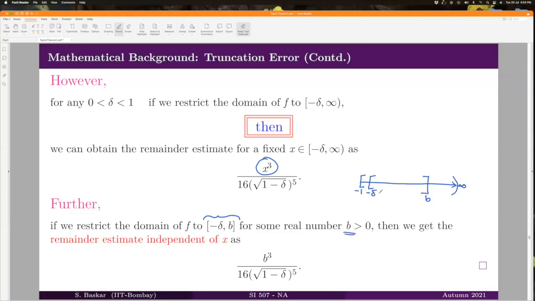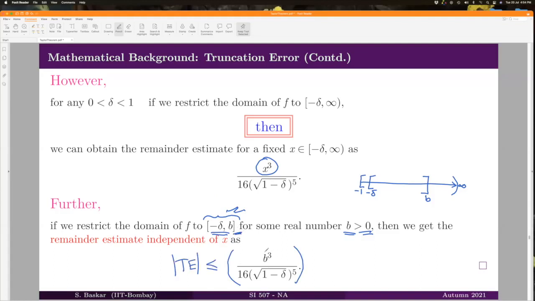I mean, greater than minus delta is enough, but I just put 0 because we need 0 to sit in this interval, because the Taylor expansion was around the point 0, right? So once we do this restriction, then x can take value at most b in this interval. Suppose you are interested in approximating your function in this interval, then you can dominate your truncation error by this quantity.